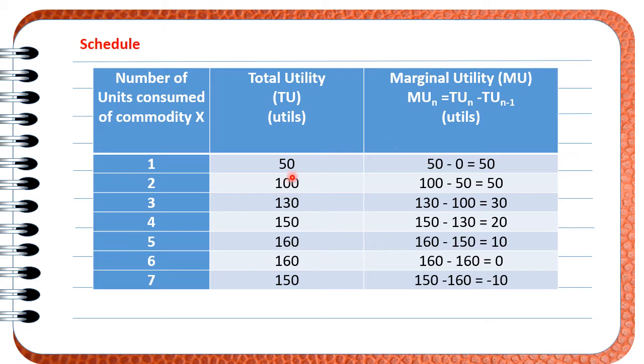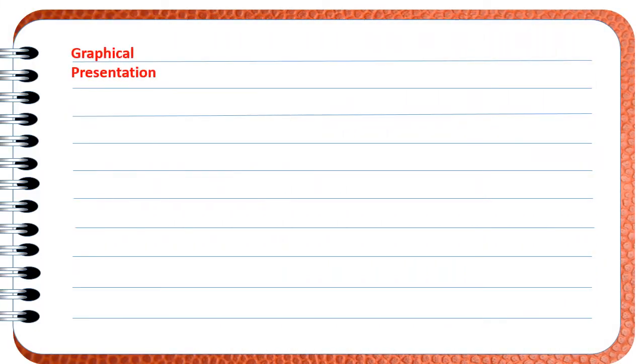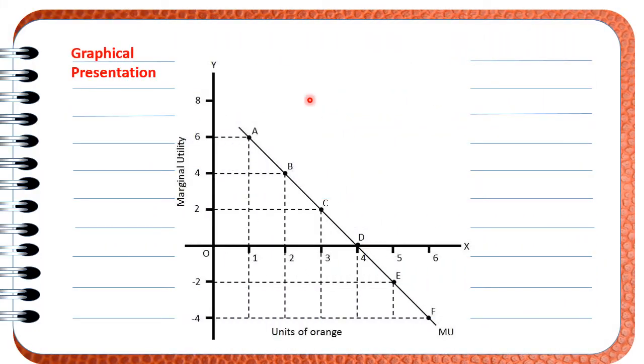So here we can say what is marginal utility. It means change in total utility, delta TU. Graphically, it can be represented like this one: A, B, C, D, E, F. So graphically, we can see that the marginal utility is falling down.